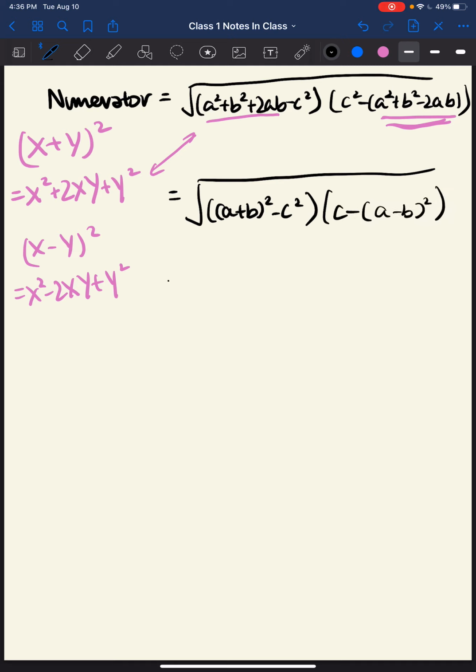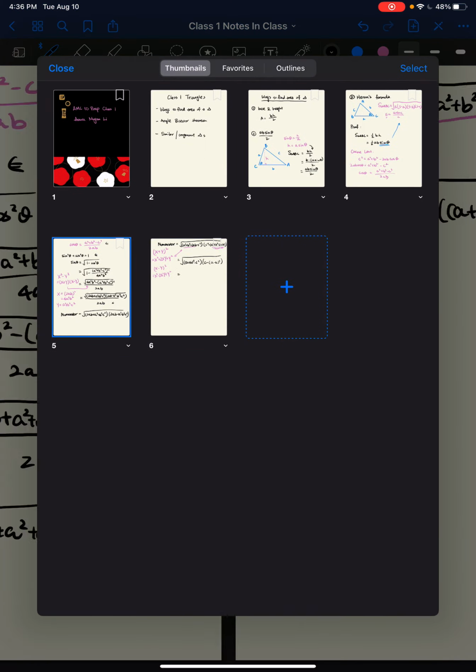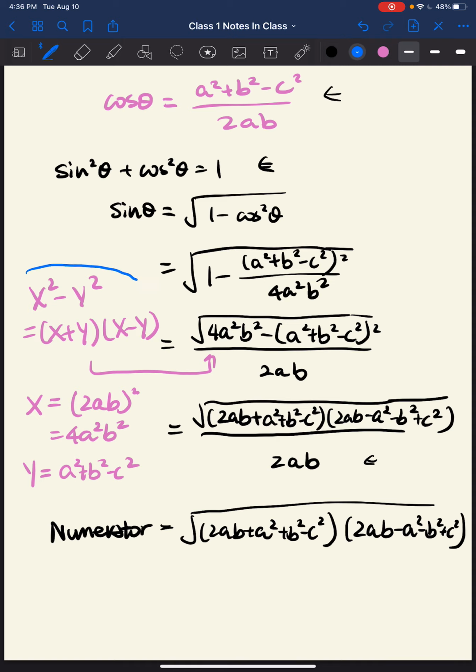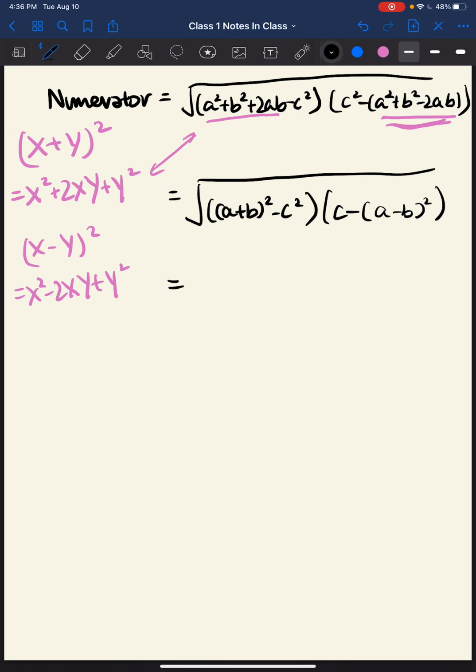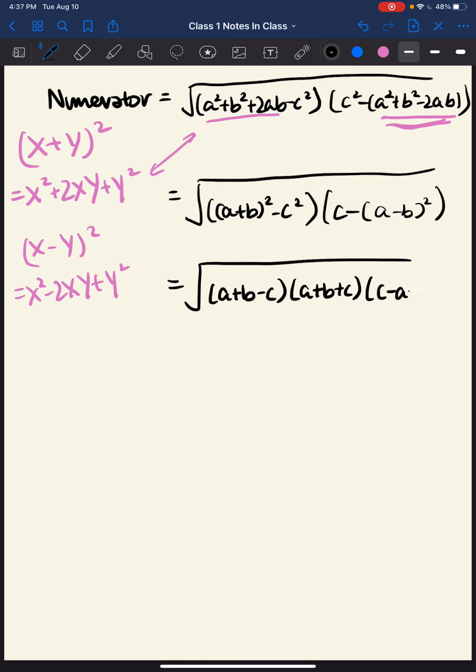And now we go back to the first formula we have seen: x squared minus y squared equals x plus y times x minus y. So this could then be written as a plus b minus c times a plus b plus c times c minus a plus b times c plus a minus b.